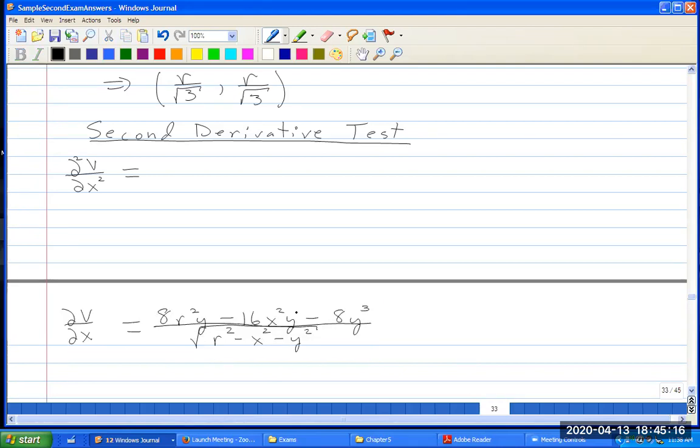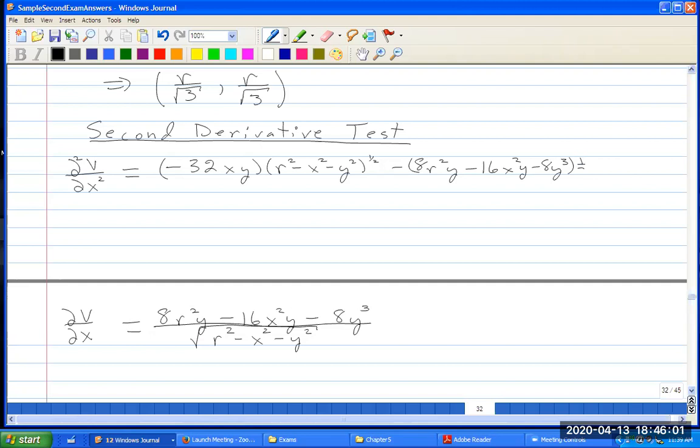So 0, this will be a minus 32xy minus 0 times the denominator, minus the numerator, 8r squared y minus 16x squared y minus 8y cubed times the derivative of the denominator.